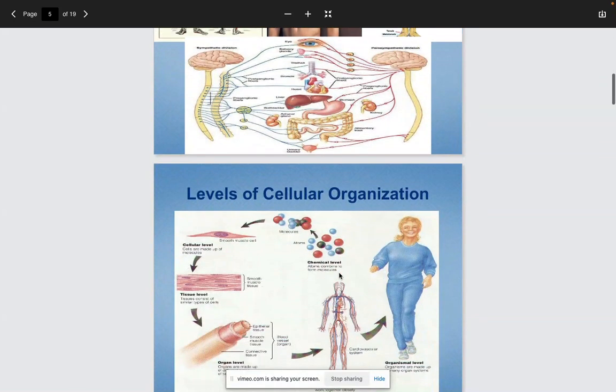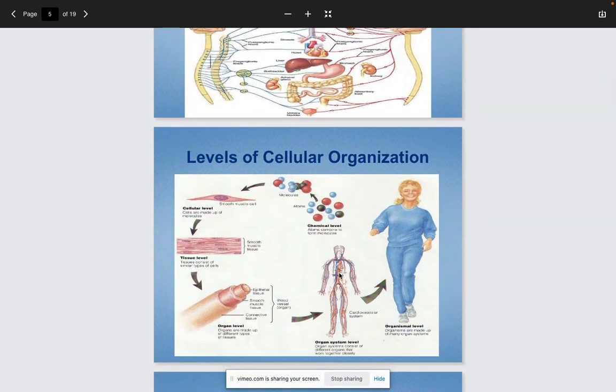So before we get into all that, we first need to talk about the levels of cellular organization. And if you took my Bio 112 class, I definitely made this a point of emphasis. It's actually one of the characteristics of life, right? Life is organized.